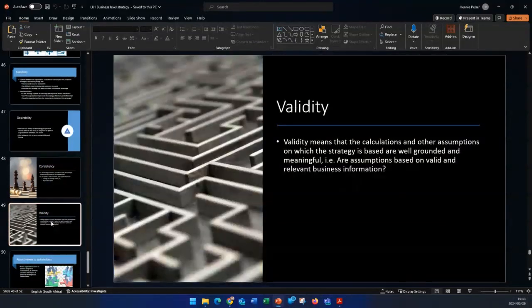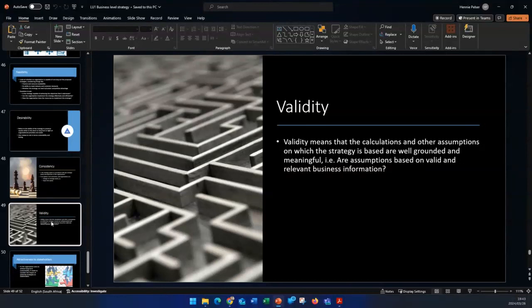Validity is a little bit more difficult to answer from a practical perspective. So if you can find stats, that would be fantastic. But validity has to do with the assumptions that we base our decisions on. Remember, it involves numbers and stats. The assumption would be that there's a significant market for low cost quality internet.